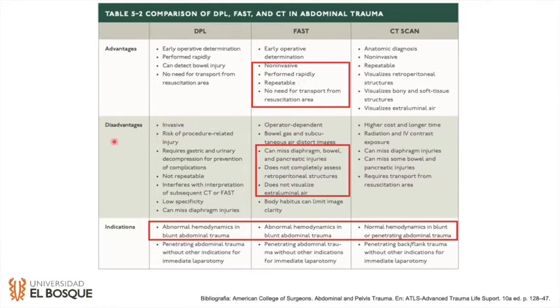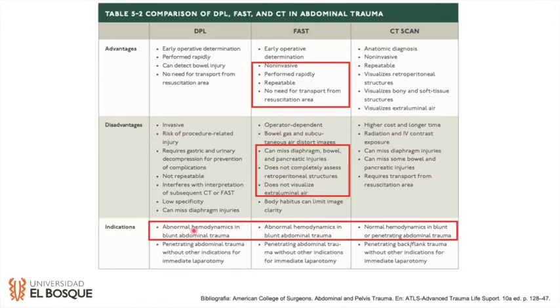But some of the disadvantages are that you can miss a diaphragm, bowel, or pancreatic injury because these organs are not very easy to see in this exam. Also, it does not completely assess the retroperitoneal structures, and you cannot visualize extraluminal air.